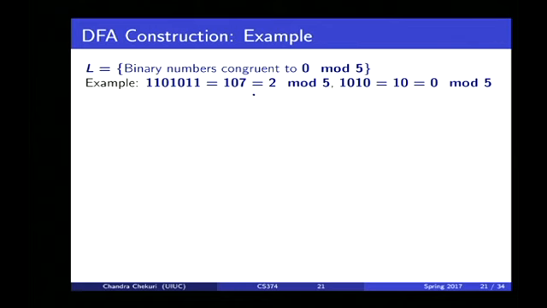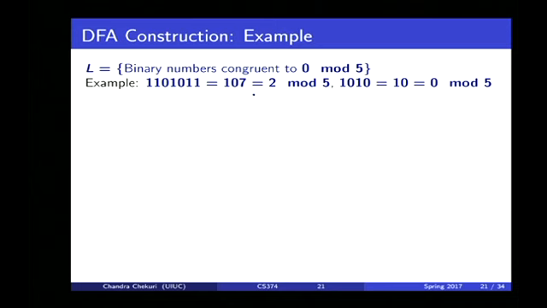So we've seen, say, the first portion of the string. If I see 1, I know what that number is. What should I remember? Well, at the end, I need to remember the remainder mod 5. So the natural thing, just like with the length, is to remember: if I look at the string I've seen so far, think of it as a binary number, what is its remainder mod 5?